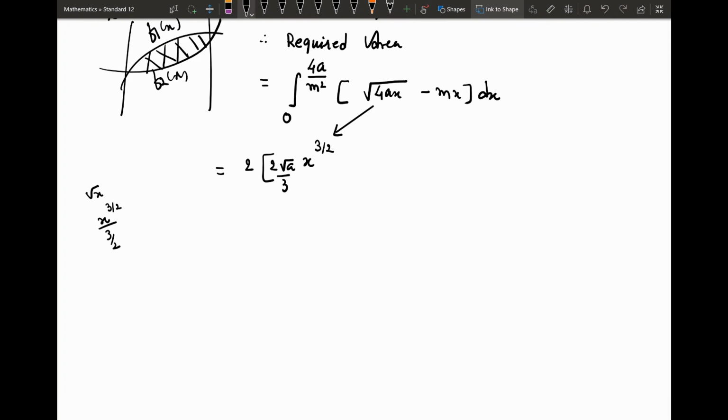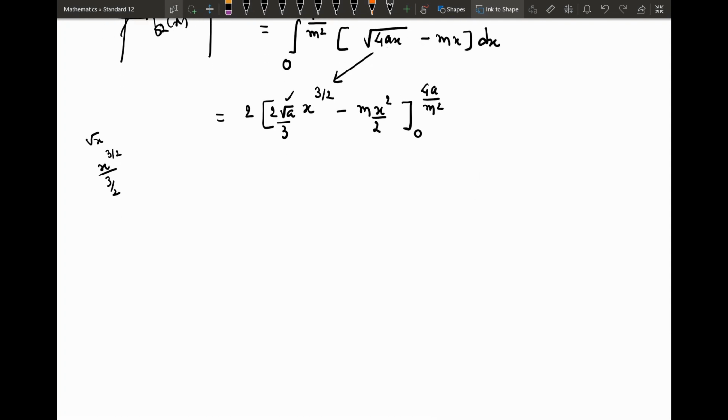Now root a, x raised to 1 half, integration of x raised to 1 half is x raised to 3 by 2 upon 3 by 2, so this is 2 by 3 x raised to 3 by 2 minus m x square by 2, limit 0 to 4a upon m square.